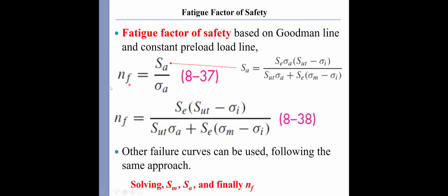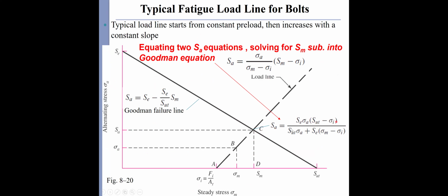The safety factor equals SA, the alternating stress, divided by the sigma A. The SA we already get where we find the intercept here. It is similar to what we learned last semester, the ratio between these two, SA and sigma A. Similarly, you can get this safety factor, which is the ratio between the AC and AB sections.